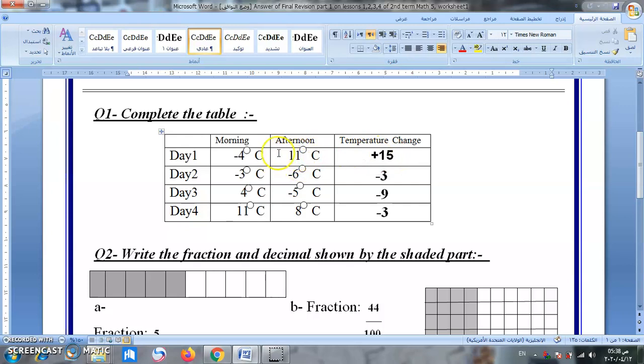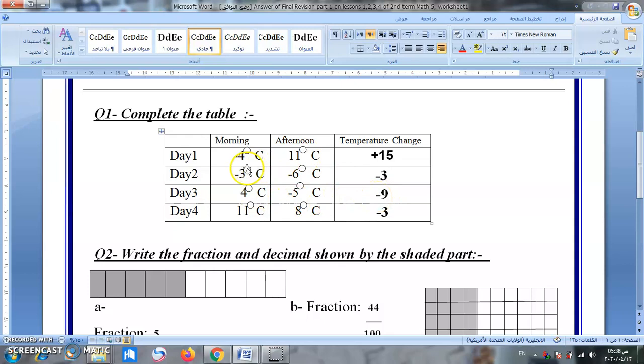Does it decrease or increase? It increases here. So when it increases, we put positive. If it decreases, as here, we put negative.